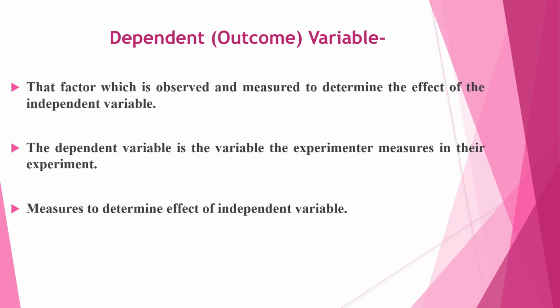As I already told, the independent variable is manipulated. It is used to treat the sample, and to understand what kind of effect the manipulated independent variable is having, it is ascertained by measuring the dependent variable, because this dependent variable is being changed by the treatment variable or independent variable.